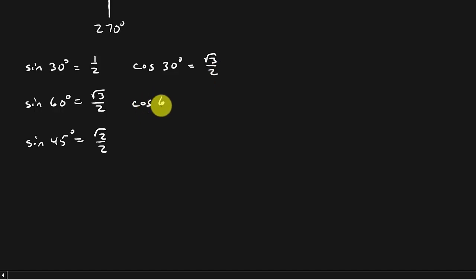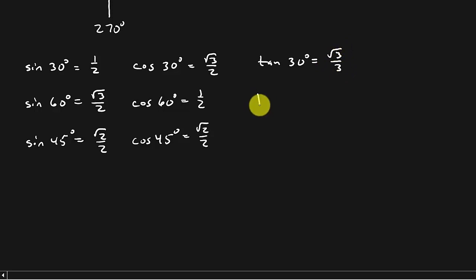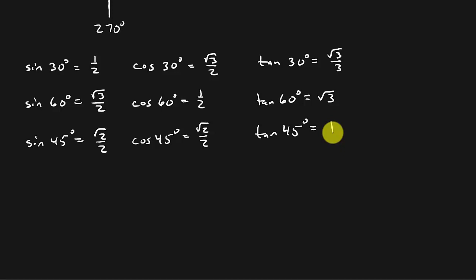Cosine 60 is 1/2. Cosine 45 is square root of 2 over 2. And then tangent 30 is square root of 3 over 3. Tangent 60 is square root of 3. And tangent 45 is 1. You've just got to know them.